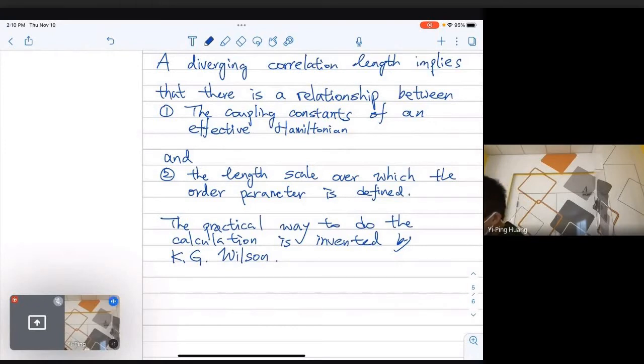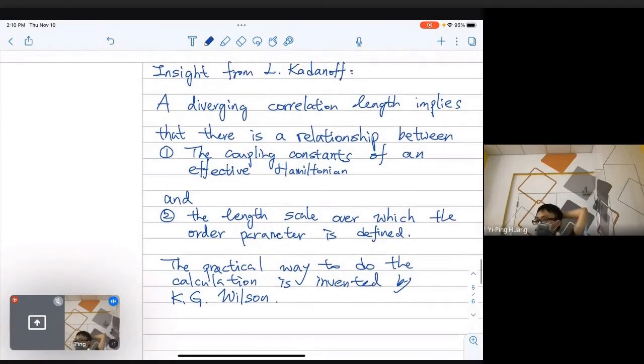That also leads to the fact that K.G. Wilson got the Nobel Prize, but Leo Kadanoff did not get it. So that's a bit unfortunate for Kadanoff. But I think the insight given by Kadanoff should also be rewarded when we are trying to study the physics of renormalization group.